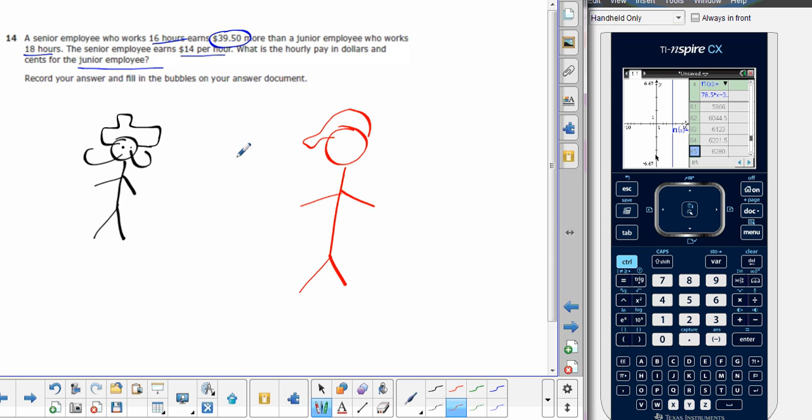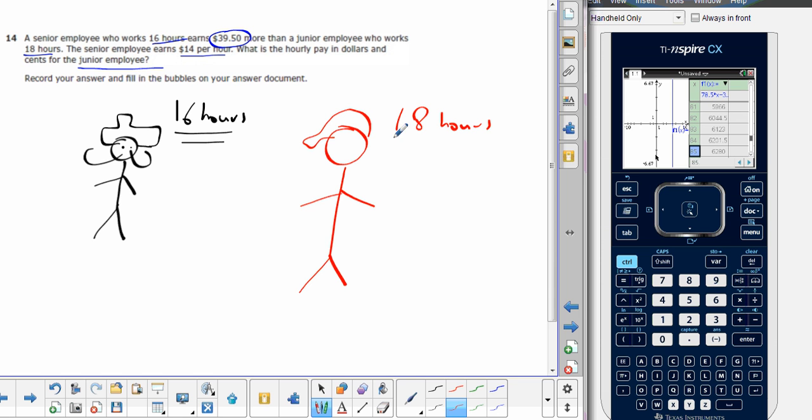So in this case, let's see everything. The senior employee worked only 16 hours and earned $39.50 more than this young man who worked 18 hours.